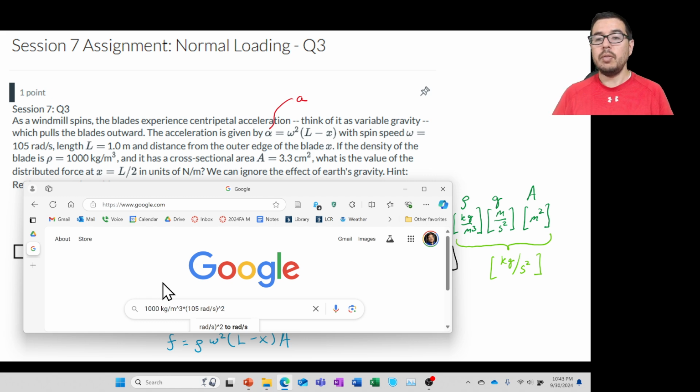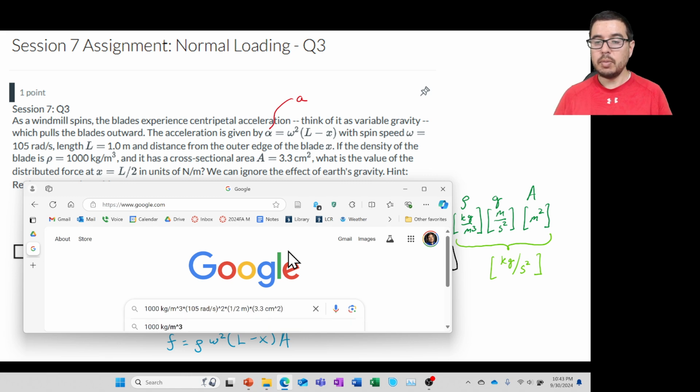Then we have our L minus x. We're saying that it's at x equals L over 2. So we're at L over 2. L was 1, so it's going to be 1/2 meter times the cross-sectional area, which is 3.3 centimeters squared, just like that.